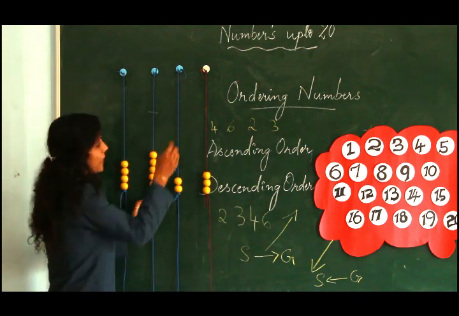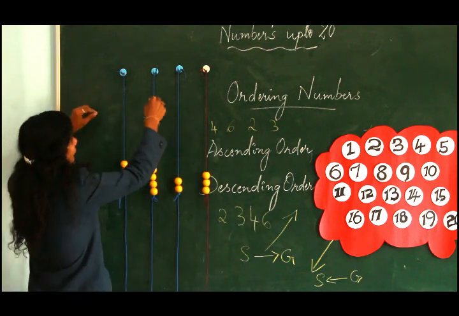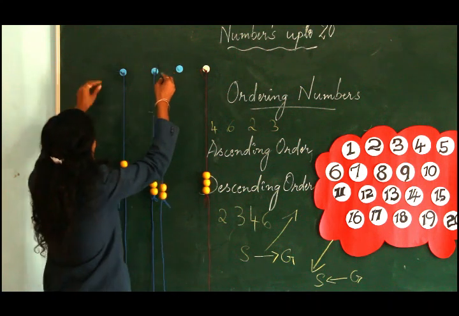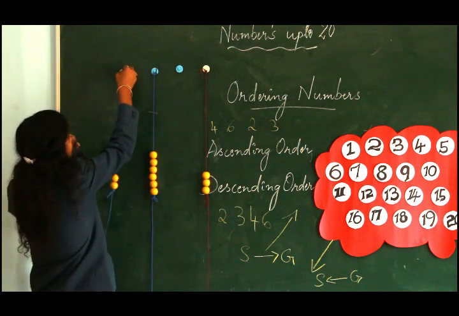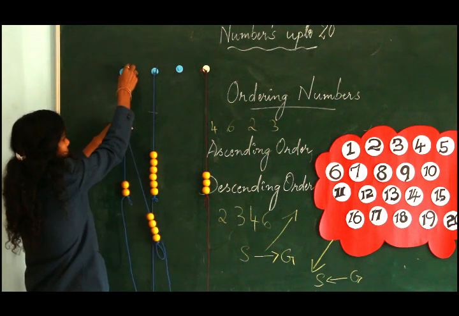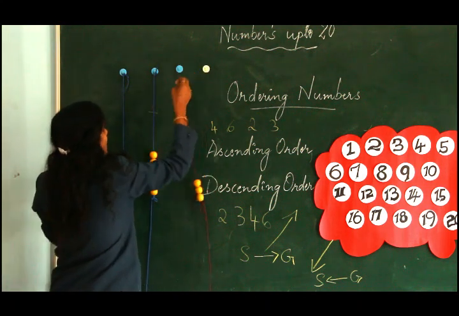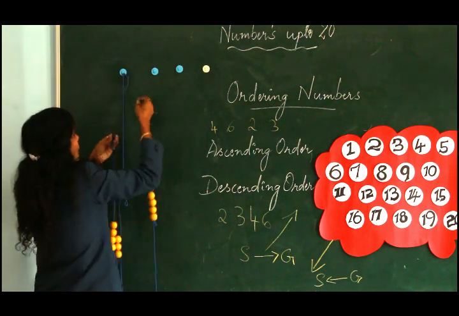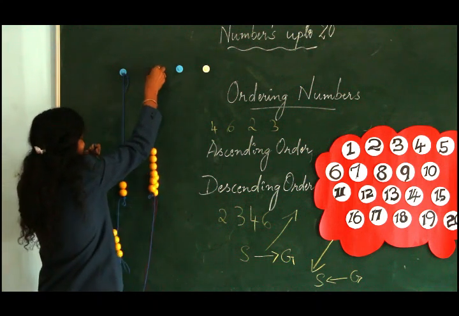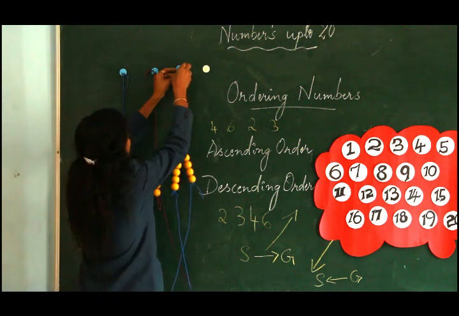So let us order the beads in the same. We take out 2 from here. We put it in place of 4. We take out 3. We put it in place of 6. Then we put 4 here.